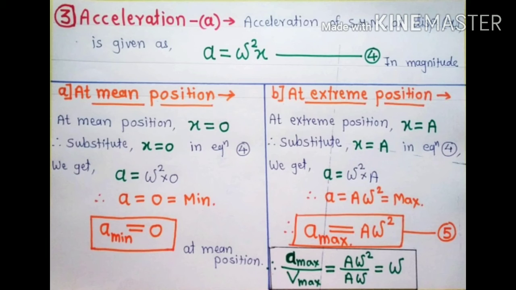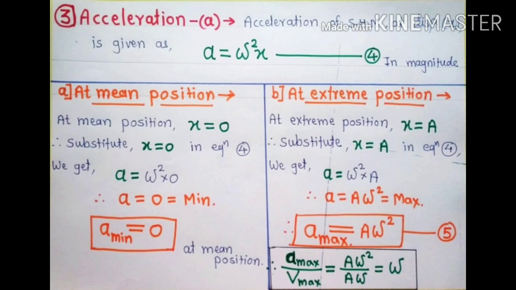Substitute x is equal to capital A in equation 4, then we get a is equal to omega square into A. We write this as a is equal to capital A into omega square, and this is the maximum value of acceleration. Therefore we write a max, acceleration max, is equal to A omega square, equation number 5.